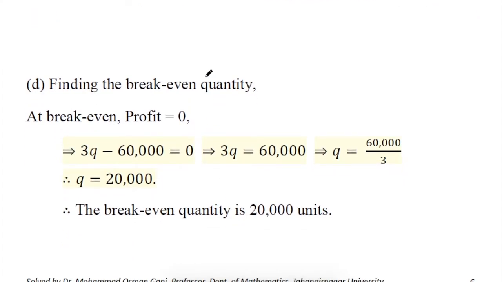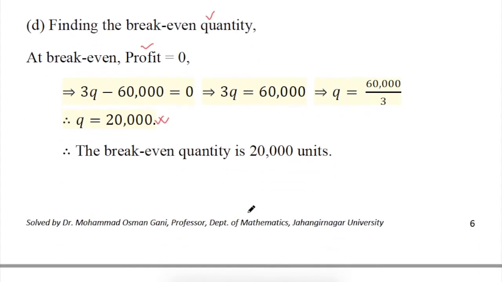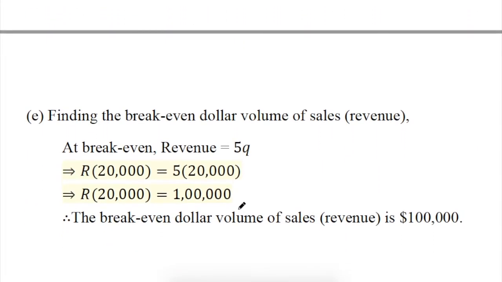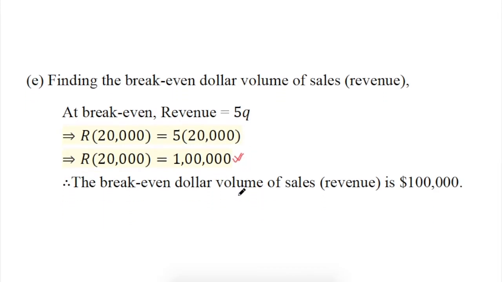And for the break-even quantity, you need to equate profit equal to 0, and 3Q minus 60,000 is the profit function that gives us Q equal to 20,000. So this is your break-even quantity, and at break-even quantity the revenue will be 100,000.